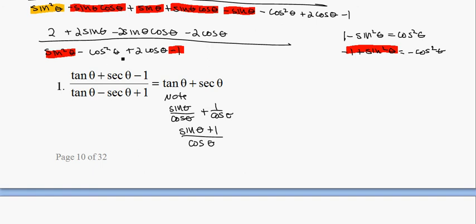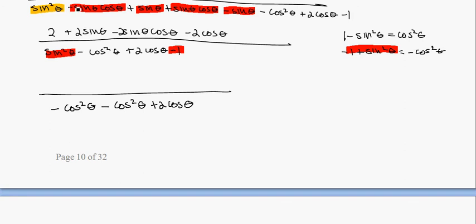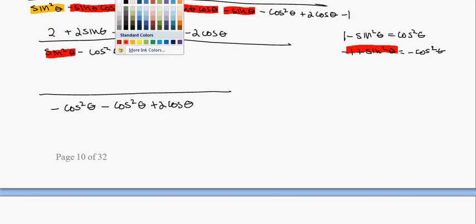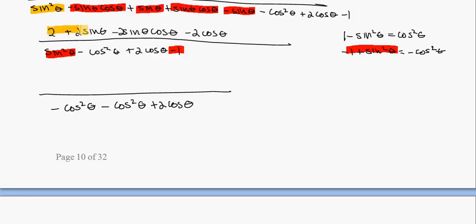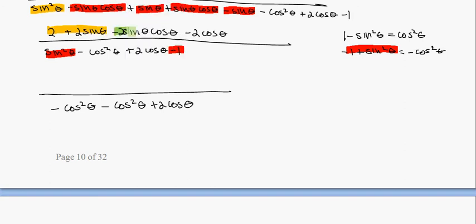So let me get rid of this stuff here and then squeeze that back in. I now have a negative cosine squared theta, that's those two put together, minus cosine squared theta plus 2 cosine theta. Here I'm now going to factor by grouping. I'm going to group those two, and I'm going to group these two. So I take out a 2, I get 2 times 1 plus sine theta.